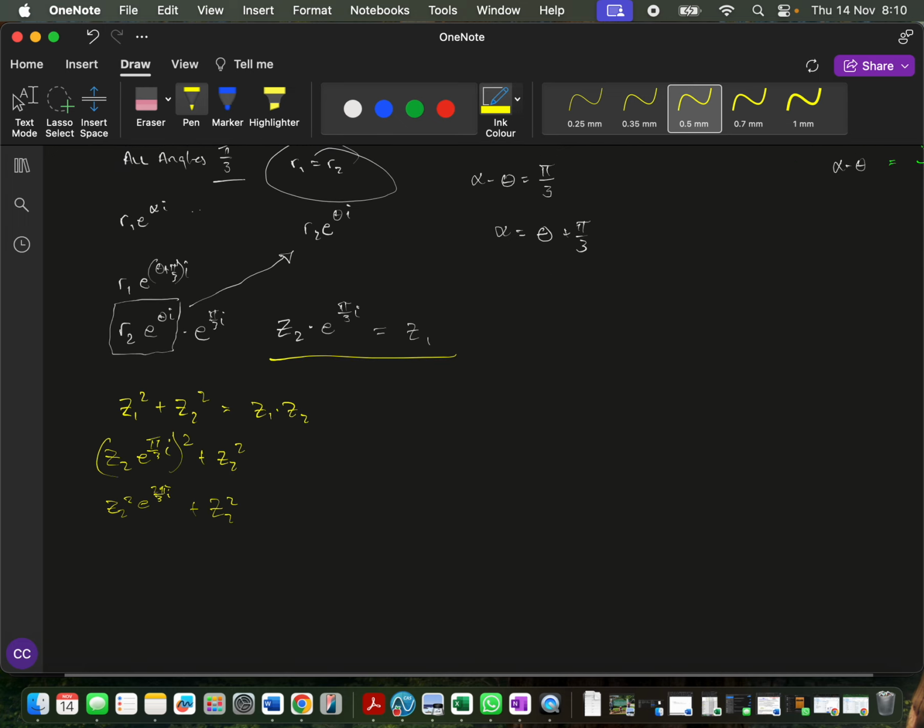And then if I factor out the z2 squared, I would have e^(2 pi over 3 i) plus 1.